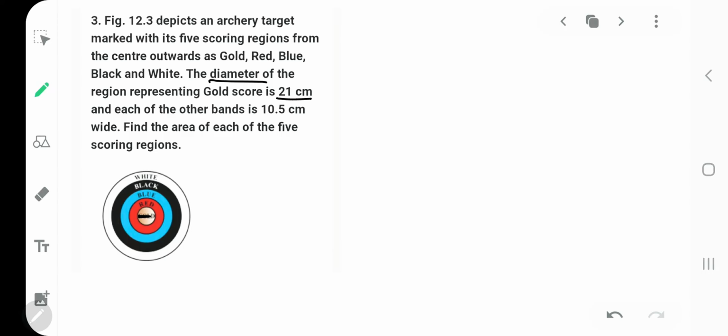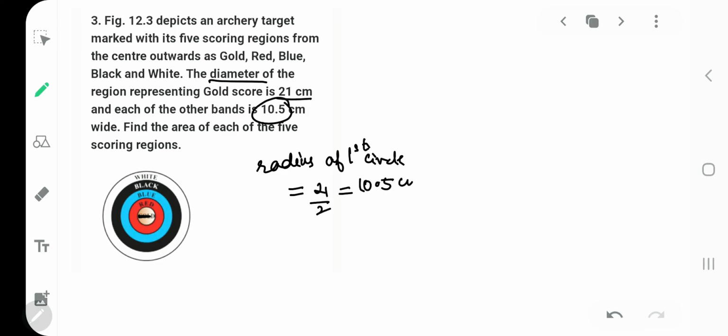And every time you have to increase your diameter by the width of 10.5 for the other colors also, other bands also. So the radius of first, I got gold. So I'll first find the radius. I got radius of first circle is equal to 21 upon 2, that is 10.5 centimeter.